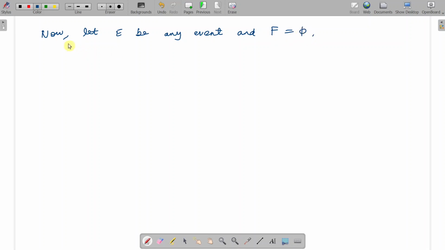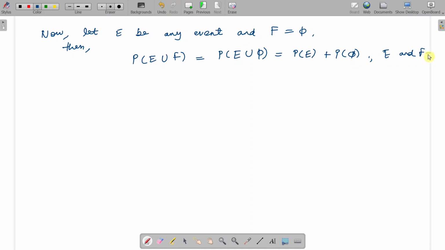Then we find the probability of E union F, which is nothing but probability of E union empty set. It will be probability of E plus probability of empty set, because E and F, that is the empty set, are mutually exclusive.